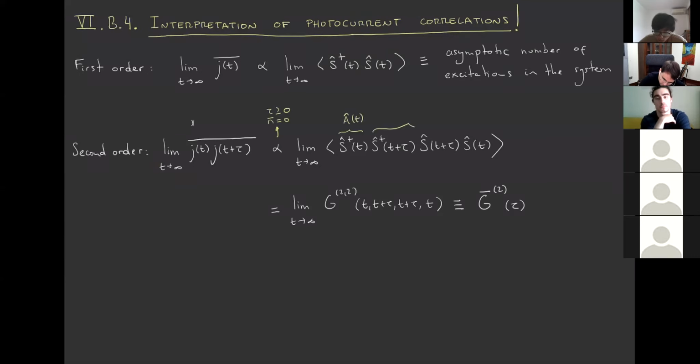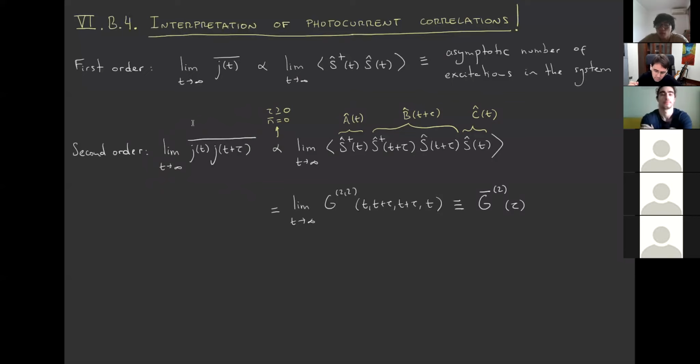This operator in the middle will be B of t plus tau, and this operator in this extreme will be C of t. Okay, so it's a two-time correlation function of the type ABC that we have written before, where A is just the creation operator or the raising operator, B is just the number operator, or the sigma dagger sigma operator, which is proportional to sigma z. And then the C operator is just the annihilation or lowering operator.